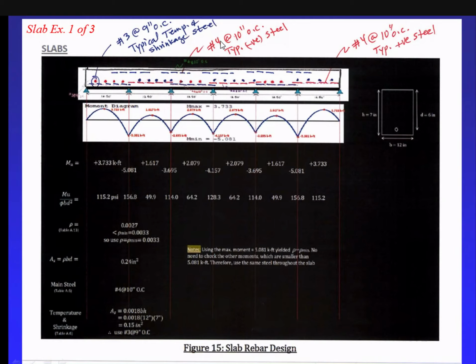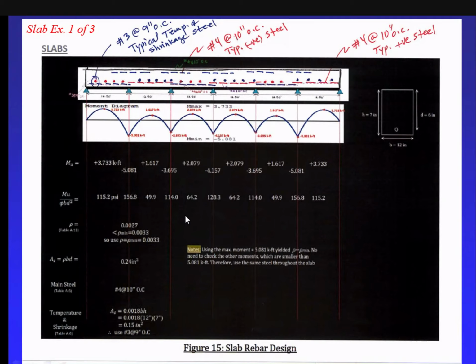So look here, number 4 at 10 inches, typical negative steel. So all the negative moments over the supports will have number 4 at 10. All right? So really, this here goes right there also, and this is number 4 at 10 and number 4 and so forth. All right? Any question on that?